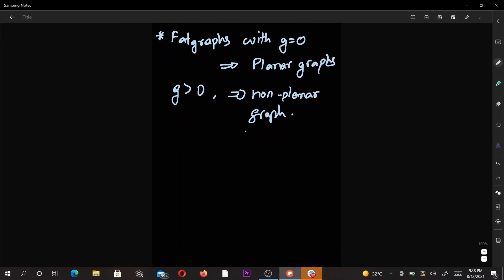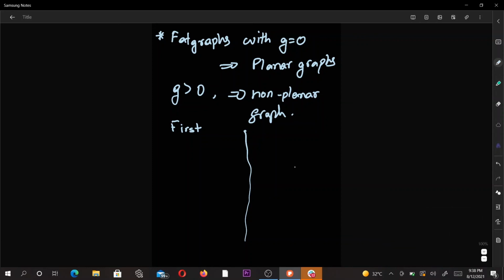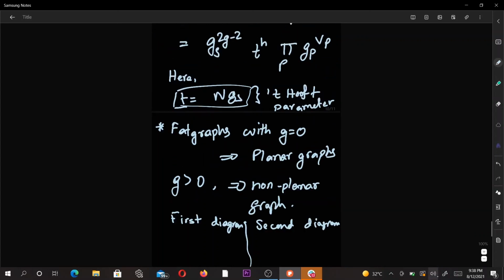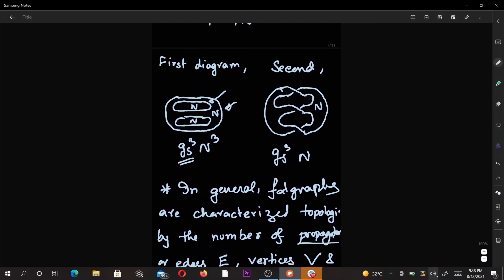So now let's go back to our first and second diagrams and see if they're planar or non-planar.